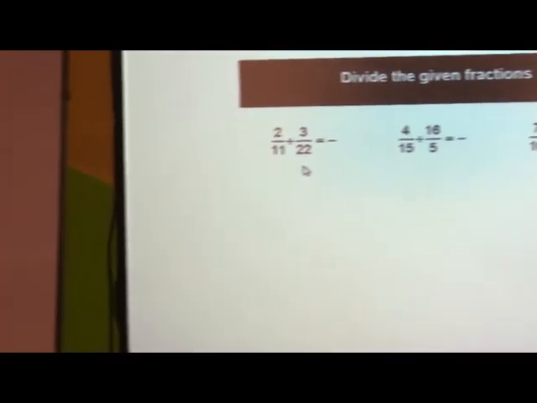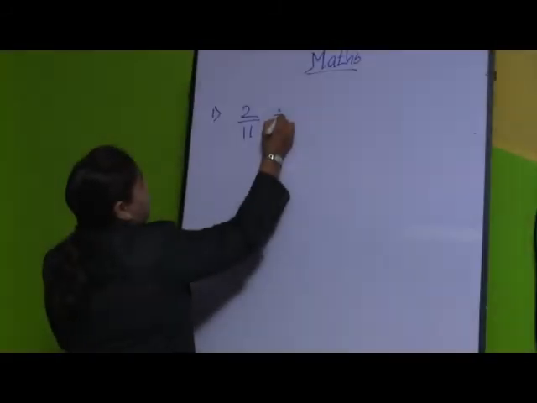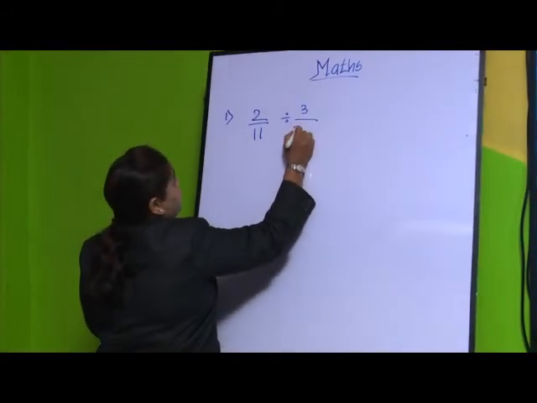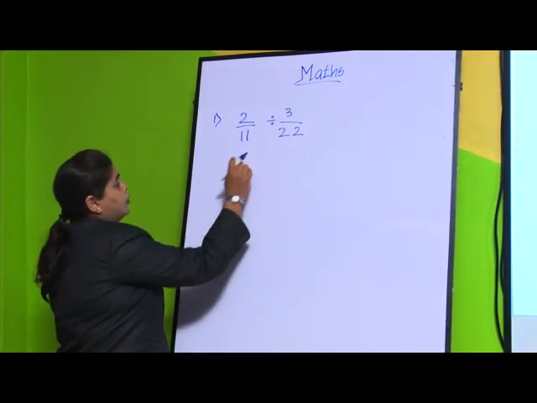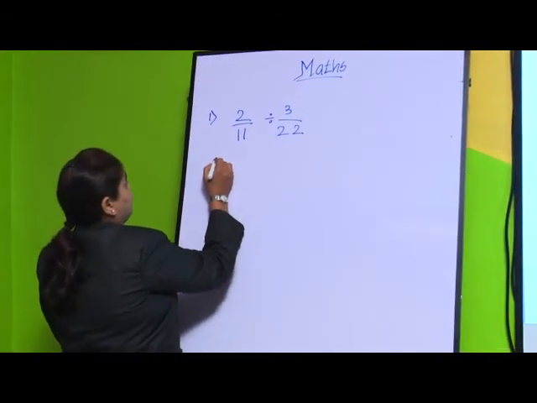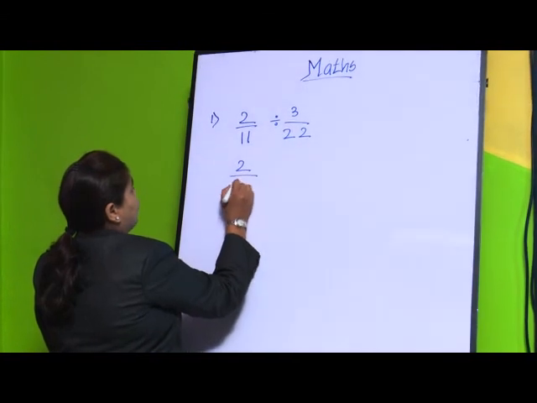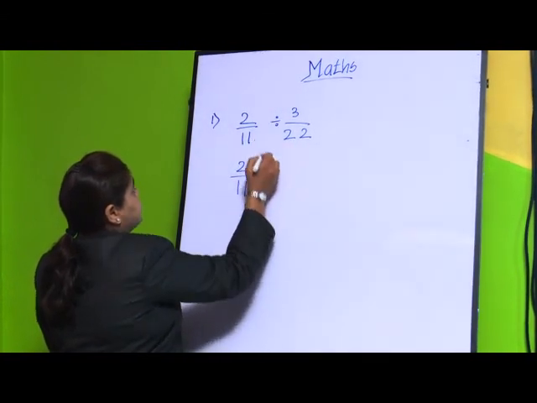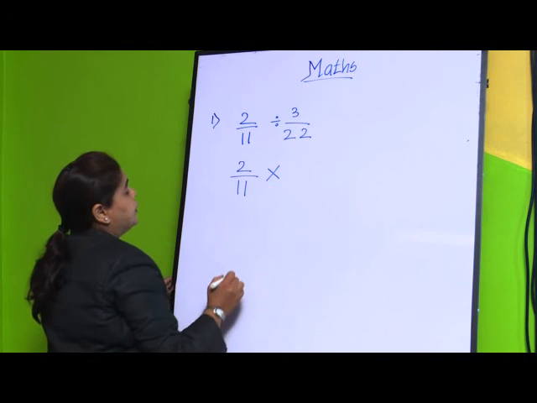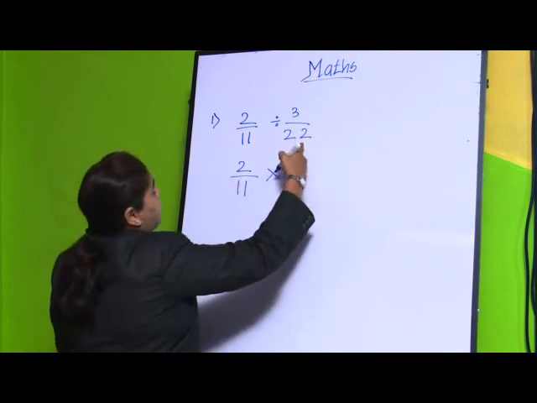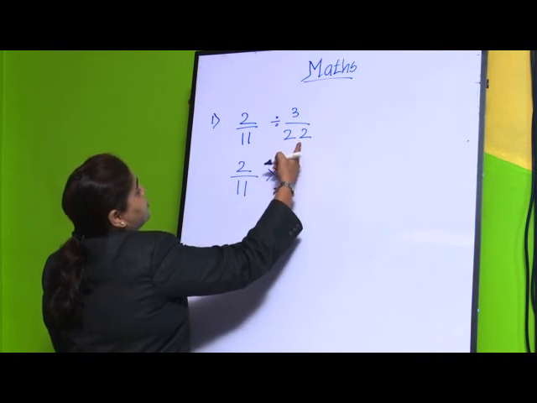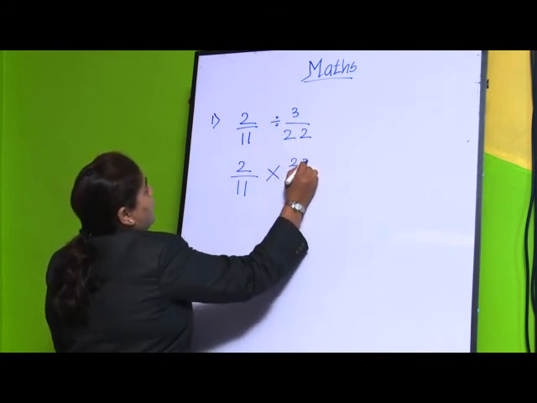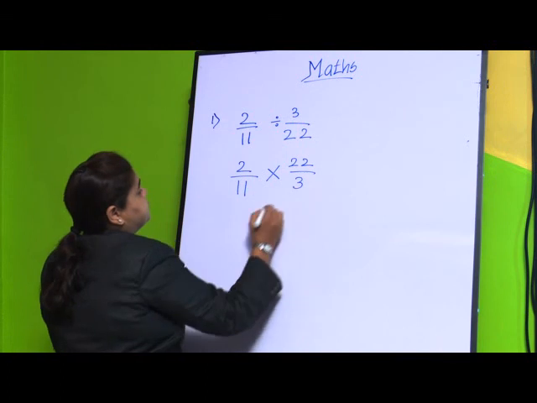You know the steps; we already know the facts of division, and we will follow them. For 2 upon 11, the division should be converted into multiplication, and we write the reciprocal, or multiplicative inverse, of the second fraction, which is nothing but 22 upon 3.